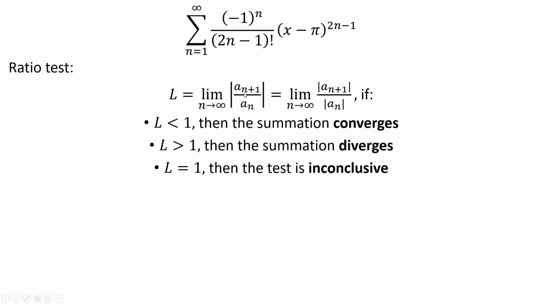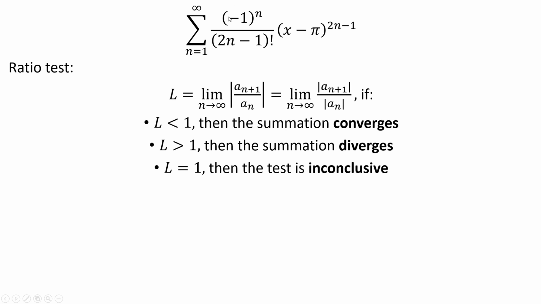So we have this value L, which is just equal to the limit as n tends to infinity of the absolute value of a sub n plus 1 over a sub n. So what you're definitely wondering right now is where these a's come from. These a's are just the entries of this sum.